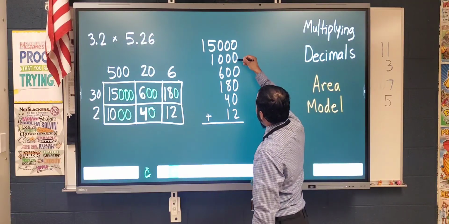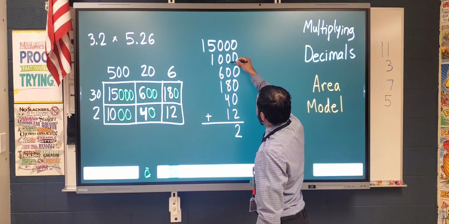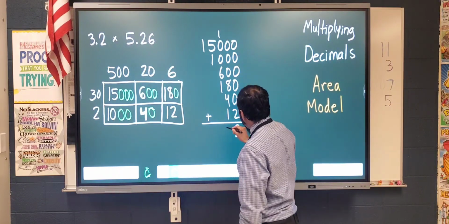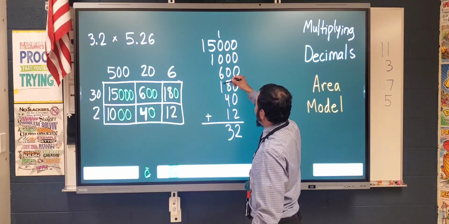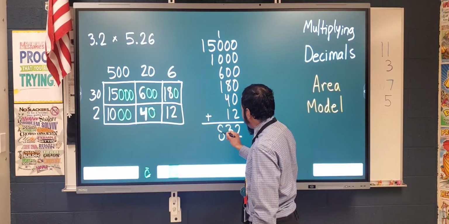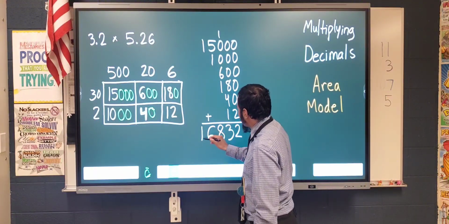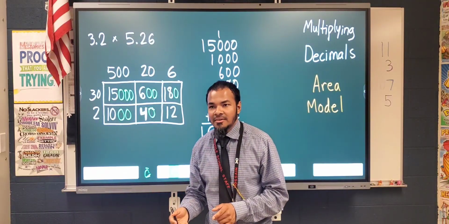Now just make sure you add everything up. That'll become 2. We got 8 and 4 gives me 12 plus 1 more is 13. Then we have 1 and 6, that's 7, plus 1 more is 8. 5 plus 1 is 6. 1 plus nothing is 1. Now remember, this is not the final answer.